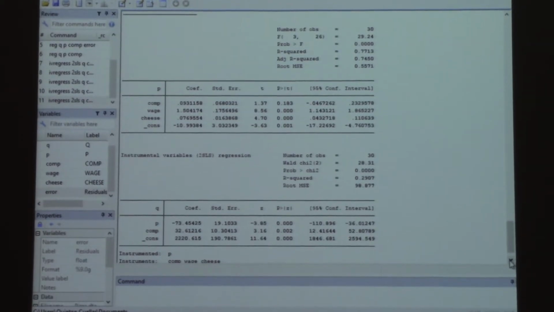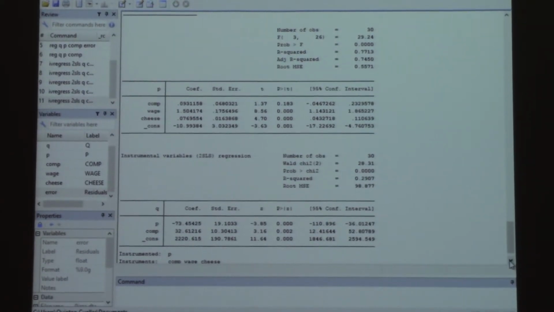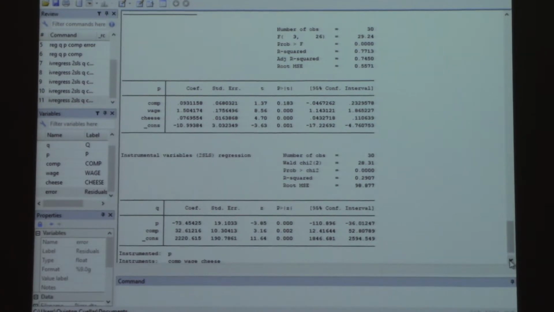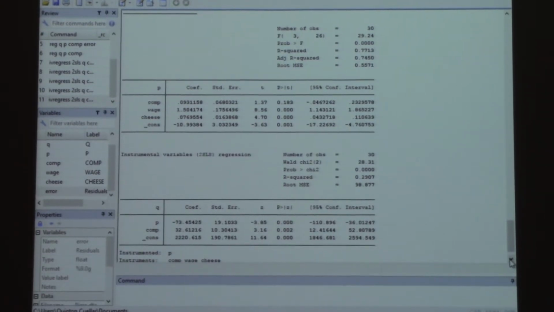But remember, cheese was negative before, and it was marginally significant. Now it's fully statistically significant. So we're a lot more comfortable with these results than we were with the results individually. And I think we have more confidence in our estimate here in our price coefficient.